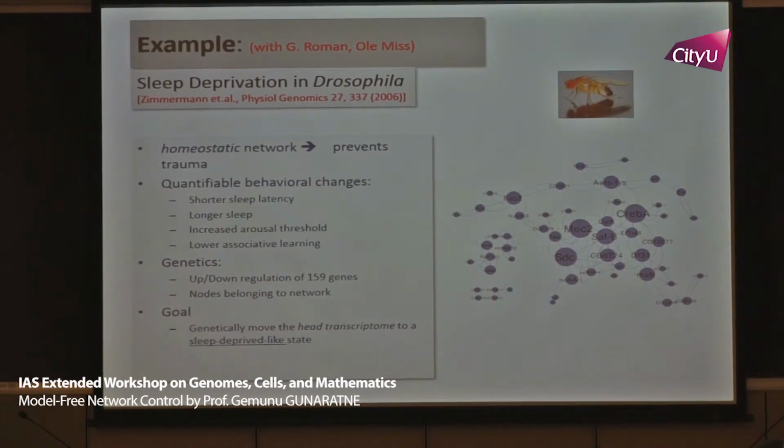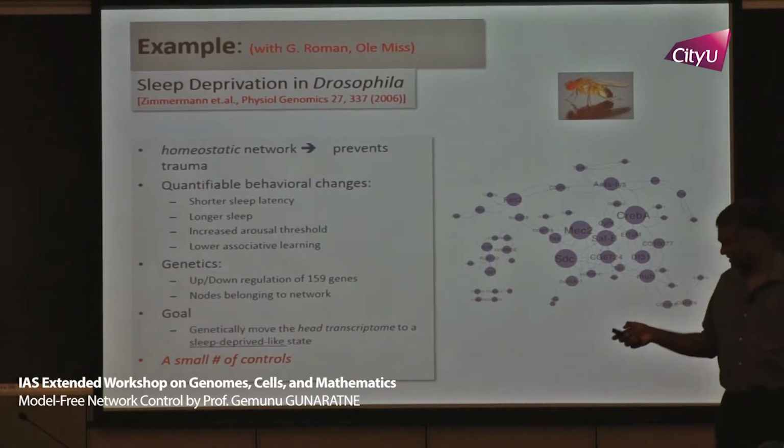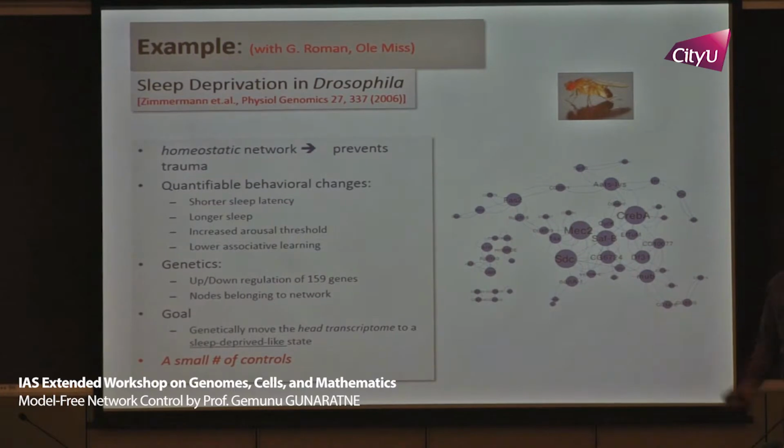So that's the proposed experiments. We haven't done this yet. We're trying to get funding for that. Most importantly, this should be done by externally changing only a small number of genes. Otherwise, you cannot change a large number of genes reasonably.